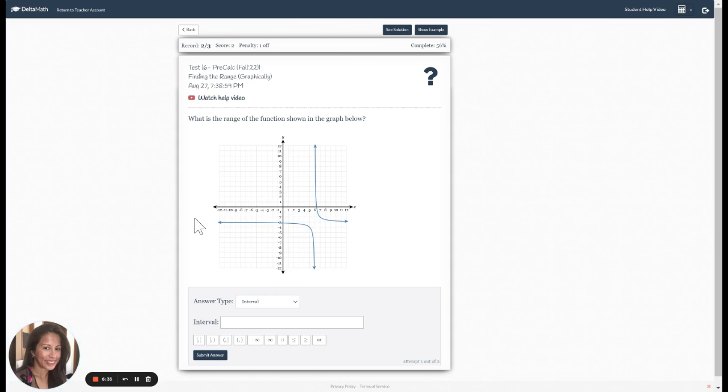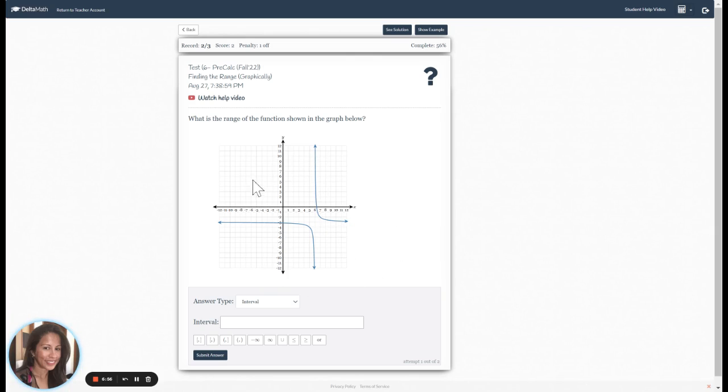If I'm tracing this blue graph, all of a sudden it drops, and then I have to lift the cursor up to come up here and continue tracing, because I'm tracing from left to right. So there's a break in this function.